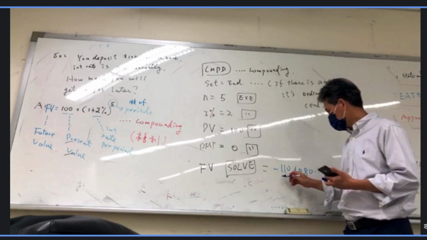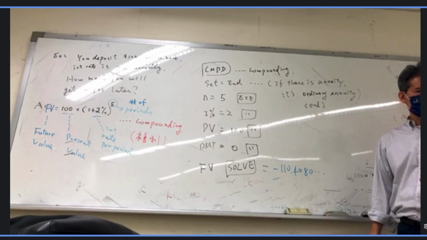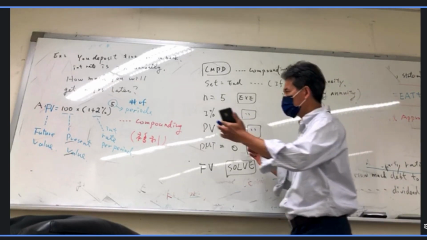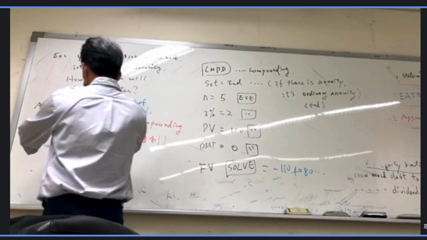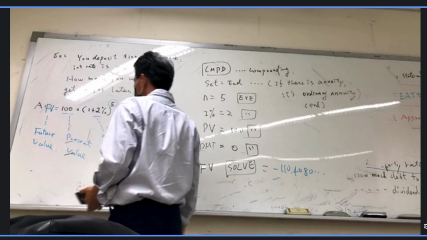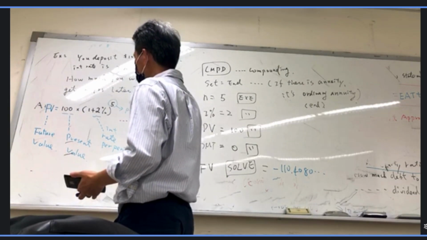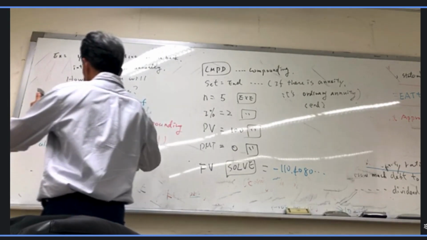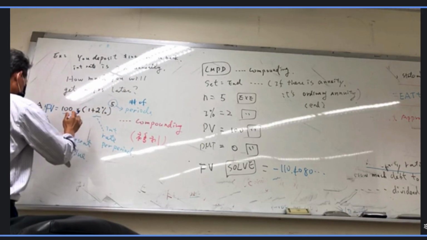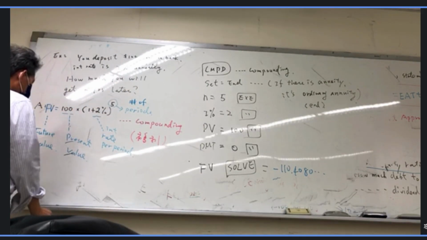So the reason why it's negative is because it's moved to move all the items to the same side of the equation.